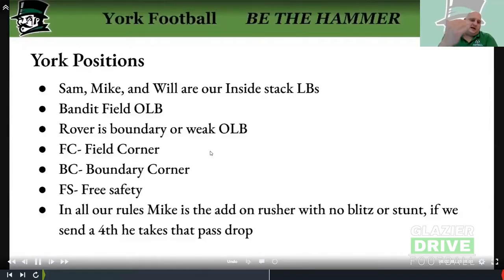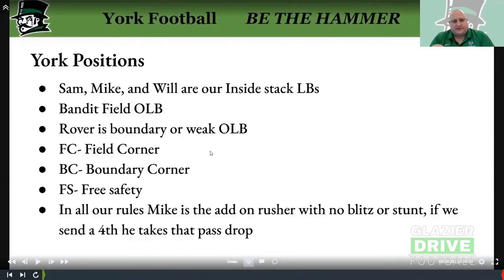So here are our positions. I've already said some of them, but I'm going to be talking through them as I keep going through the presentation. Inside backers, we have a Sam, a Mike, and a Will. Pretty standard. Our field outside linebacker or field safety, we call our bandit. Our boundary outside backer or boundary safety, we call our rover. And we have a field corner, a boundary corner, and a free safety.